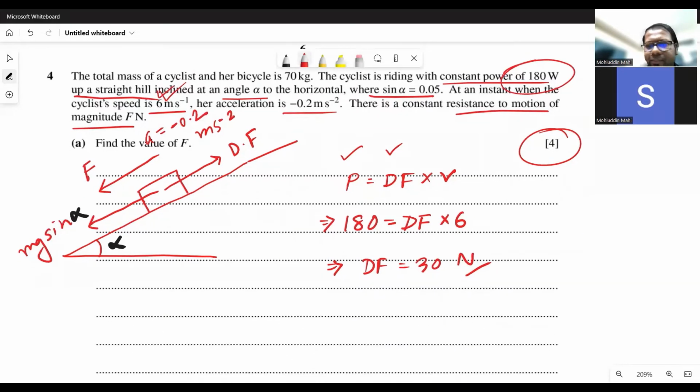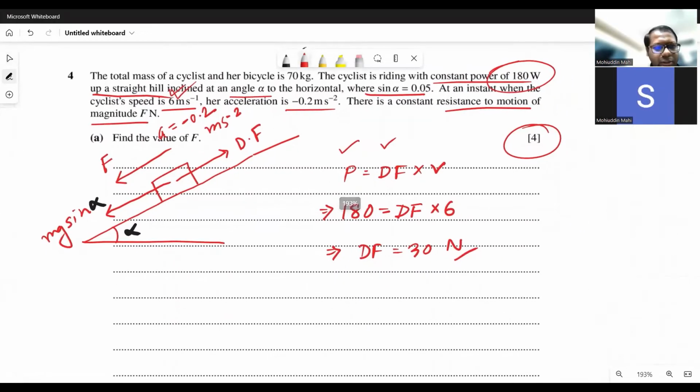Now let's make an equation. As the object was accelerating in upward direction, it was applying driving force. So driving force minus, in downward direction, the component of weight, mg sine alpha, plus the resistive force F, we don't know the value yet, equals mass into acceleration, Newton's second law.